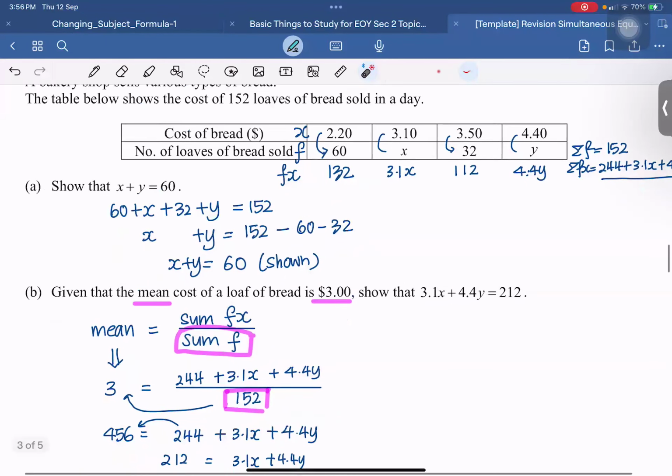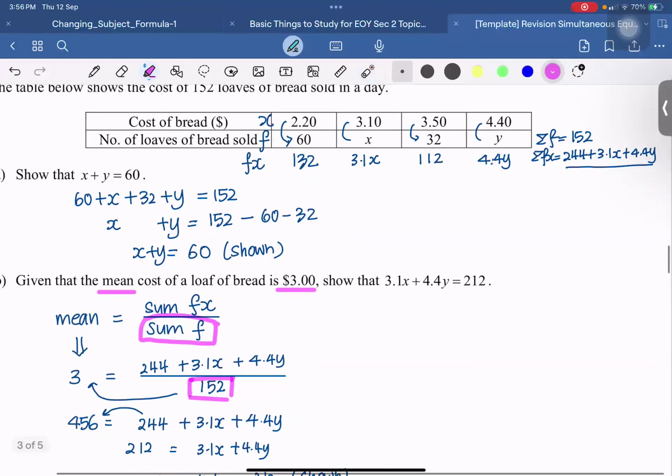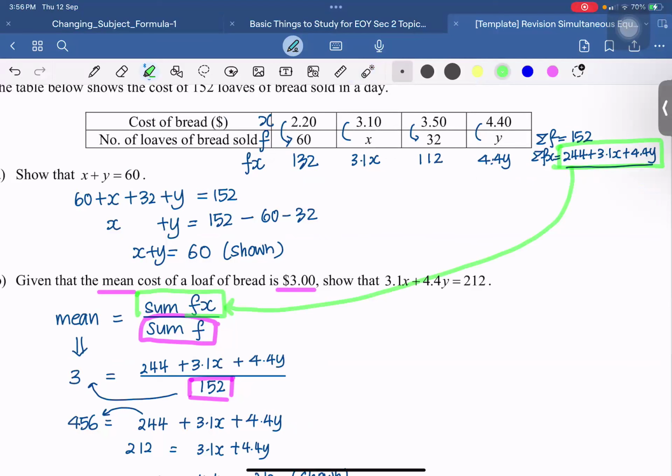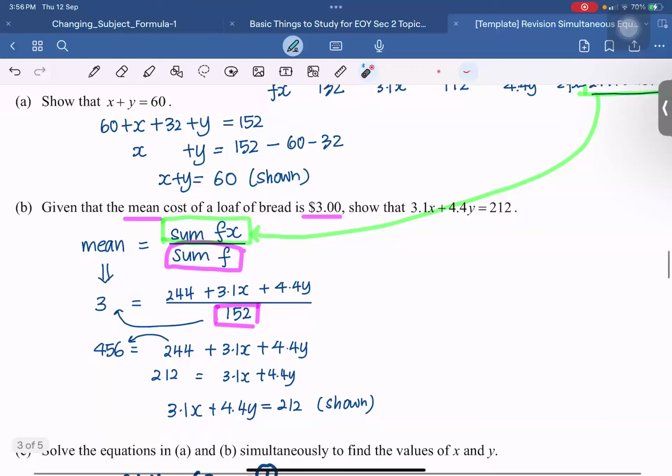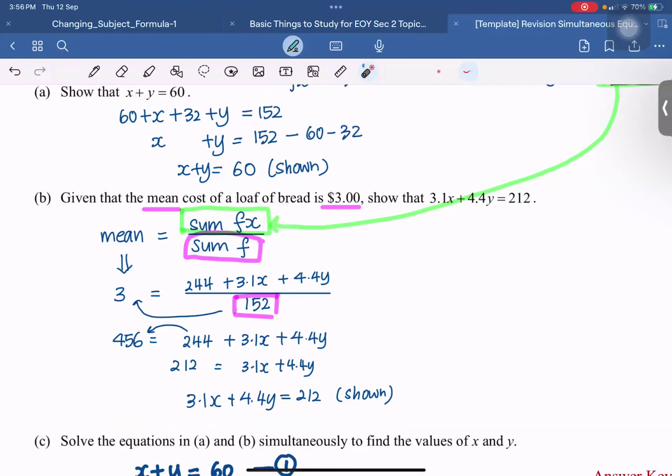So what do I do? I replace these into my sum fx, over my sum f. It looks complicated, but it can be done. Then they tell me the mean. Over here, I've run out of colors already.